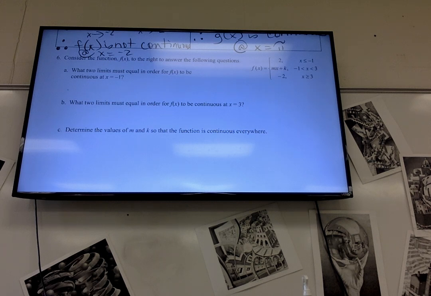Yeah, so the limit as x approaches negative 1 from the left of f of x has got to equal the limit as x approaches negative 1 from the right of f of x.